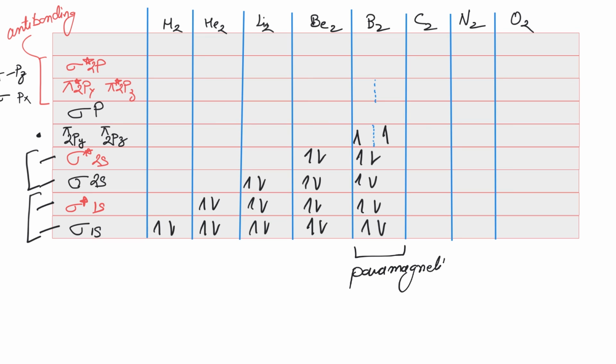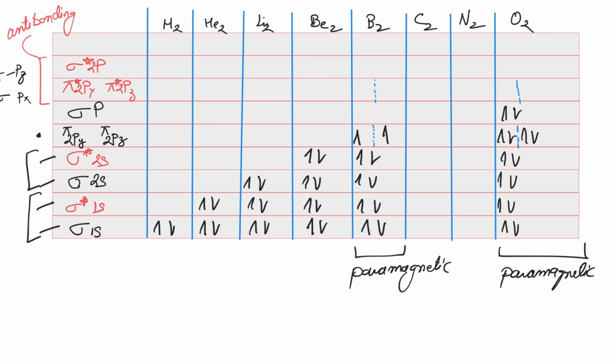Now, this is one of the triumphs of molecular orbital theory, that it is able to explain why oxygen is paramagnetic. We observe in field that oxygen is paramagnetic. Oxygen 8 times 2, that's 16. Now, if you see carefully, then we have total 16 electrons for oxygen, and here again you have to fill them singly first. Now, this is one of the triumphs of molecular orbital theory, right?